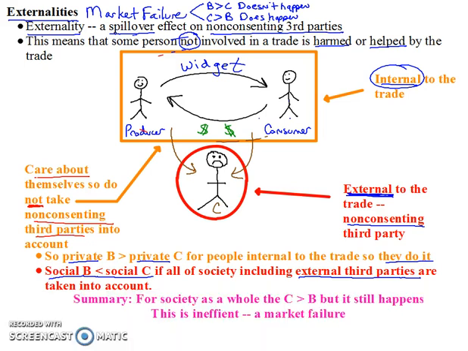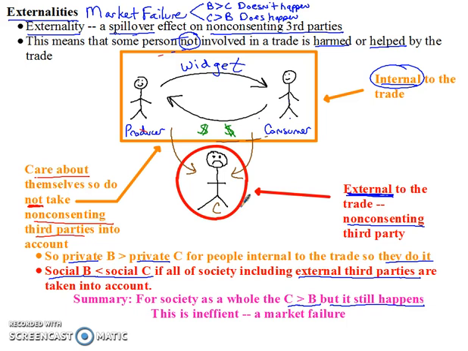Well, the big problem with this is that for society as a whole, the costs outweigh the benefits. But here's the problem. Here's the market failure. Here's the inefficiency. It still happens. The trade still happens. And why does the trade happen? The trade happens because these guys right here, they do not take that third party guy into account.